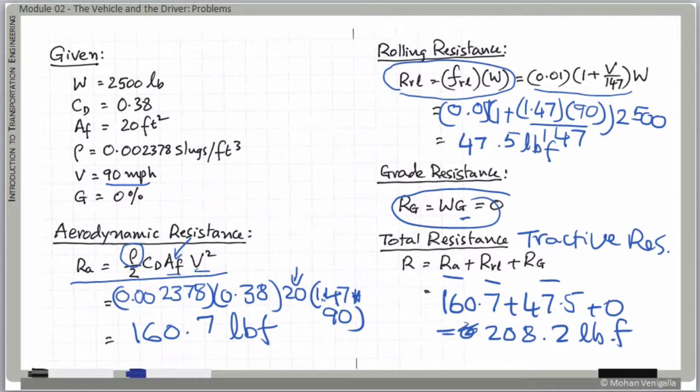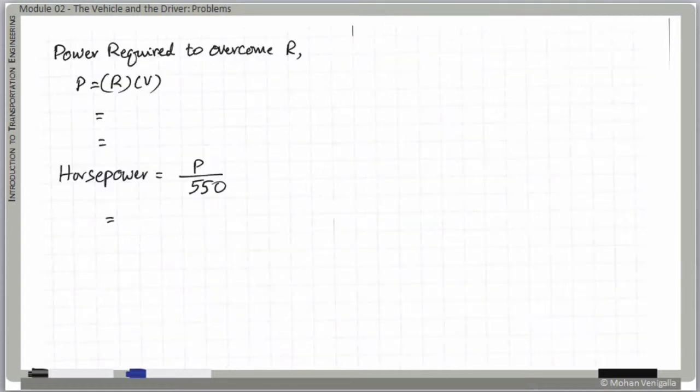Next we will solve from force to power. How do you convert from force to power? Force times velocity gives you power. Here the force is R and the velocity is the speed.